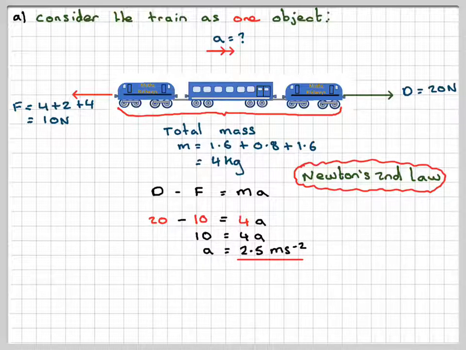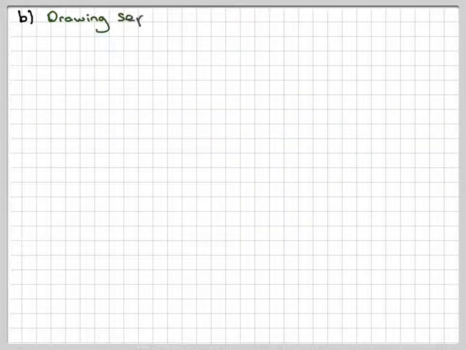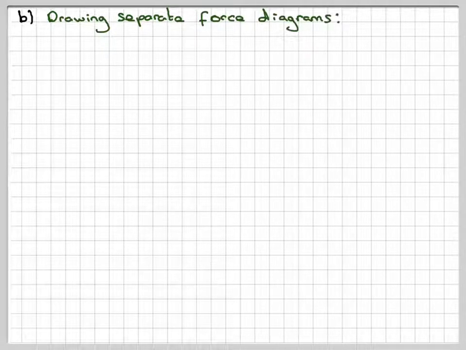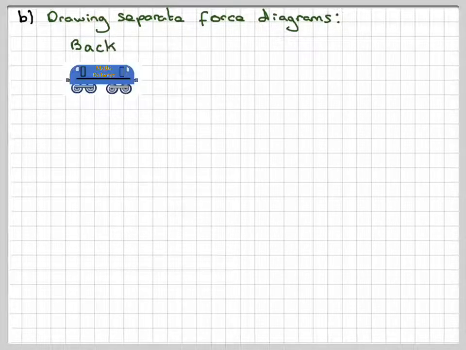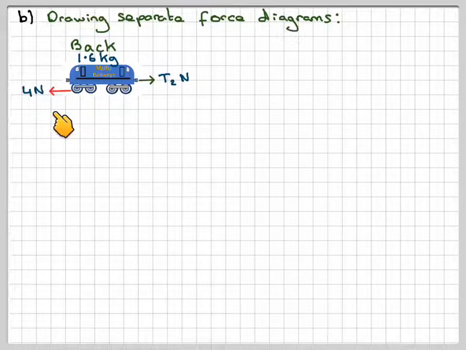Right, we're now going to calculate the coupling forces between the carriages. In order to do that, we're going to draw separate diagrams. Starting from the back, we've got the mass, which is 1.6 kilograms. It's got a tension T2, which is one of the coupling forces we're going to find, and a resistance to motion of 4 newtons.